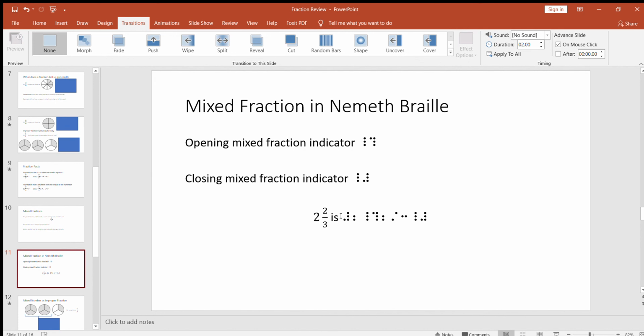It starts with the number indicator for Nemeth Braille, the number symbol, then the opening mixed fraction indicator, the number indicator for 2, the slash indicator, the symbol for 3, and then the closing mixed fraction indicator on the very end. So that's how you put a mixed fraction in Nemeth Braille.